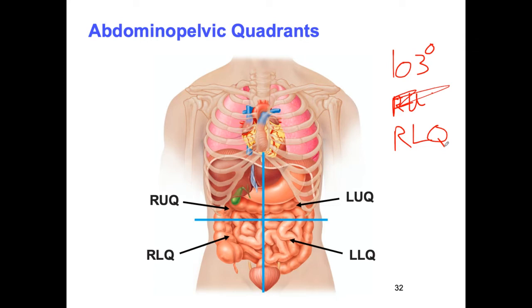Now you have to think back to your anatomy and you're going, all right, what do we have organ-wise in this right lower quadrant that can maybe create a fever, cramping, bent over? We have this thing right here called the appendix. So maybe they have an appendicitis, possibly, right?